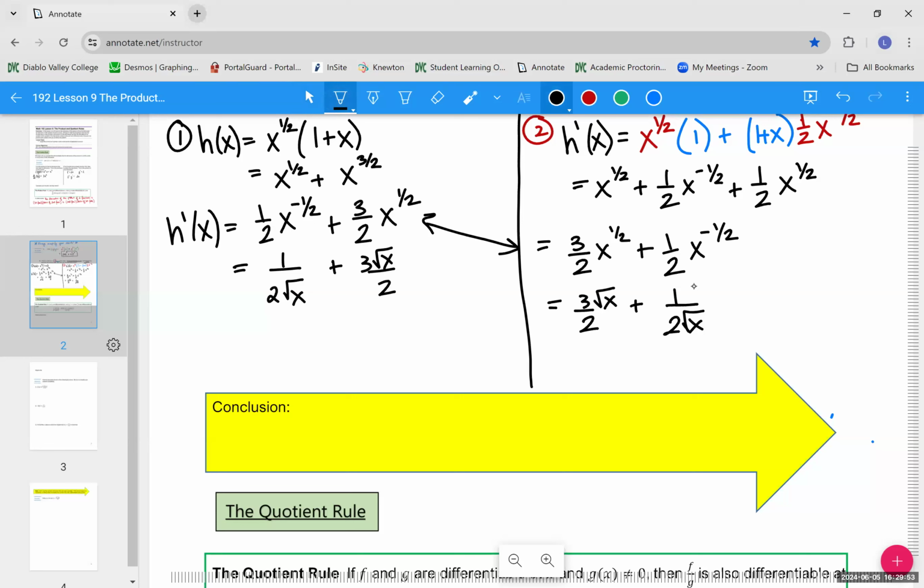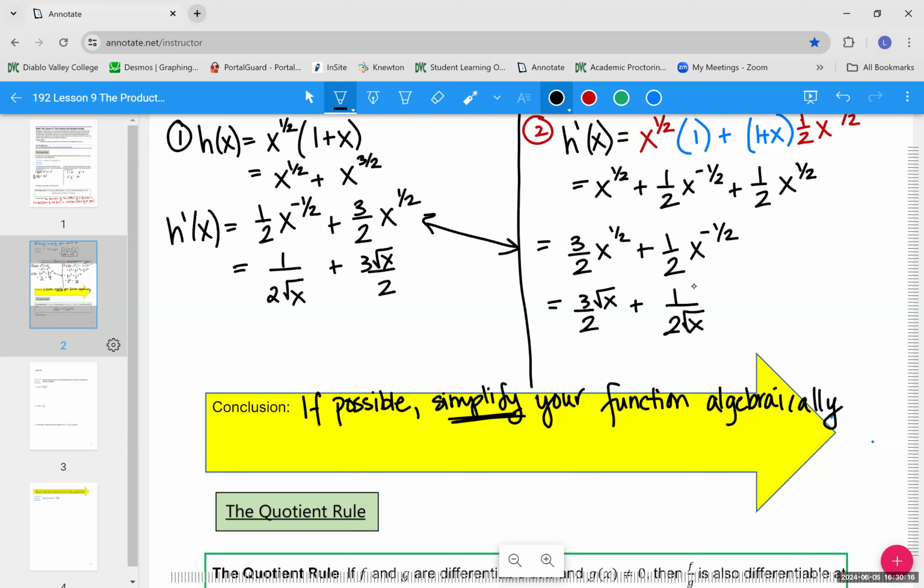And so in this conclusion here, I'm going to say, if possible, simplify your function algebraically by multiplying it out before taking a derivative.